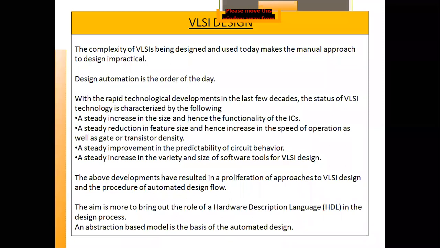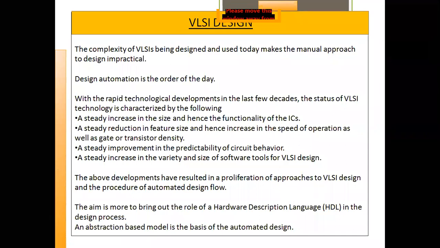In the last few decades, there has been rapid development in the tools of VLSI and also the ICs. The technology has improved a lot, which has increased the size and hence the functionality of the ICs.